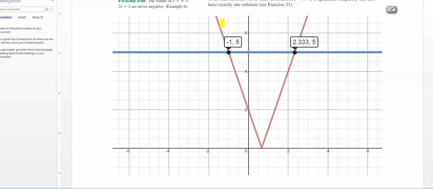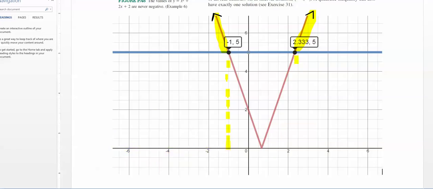So we want to know when the red one is greater than the blue one, and that happens here and here, and this is going to keep going on and on and on, right? And over here as well. So you have to keep that in mind. So kind of you want to drop it down to the x-axis where it starts. It starts at -1, and it's going to keep going forever in this direction.